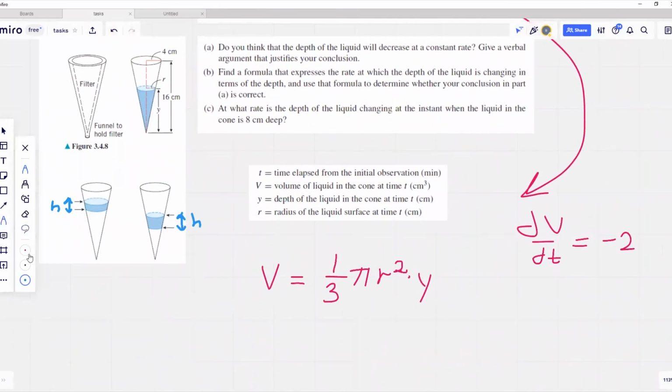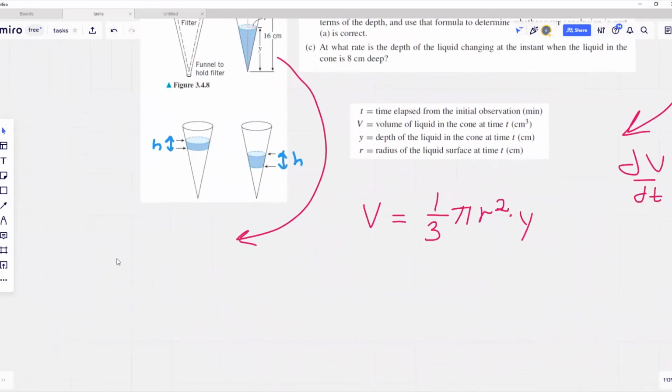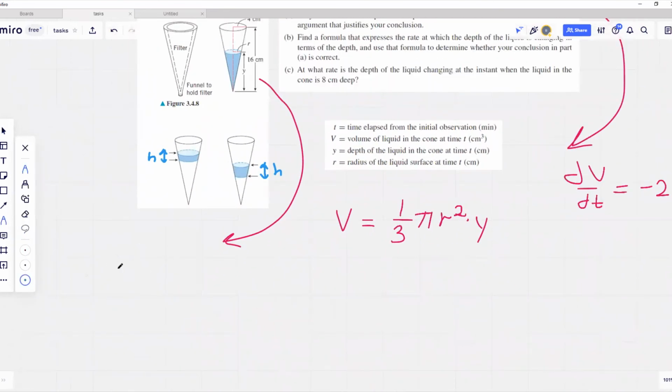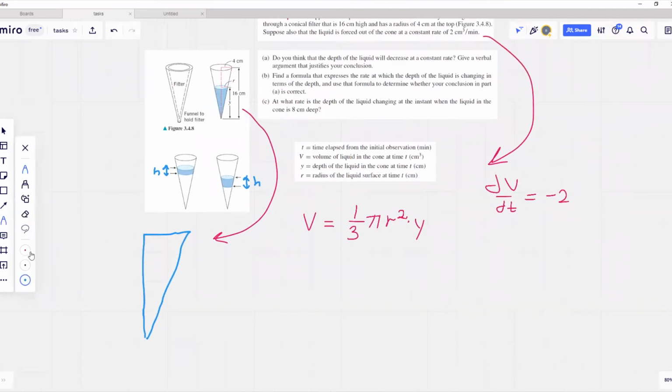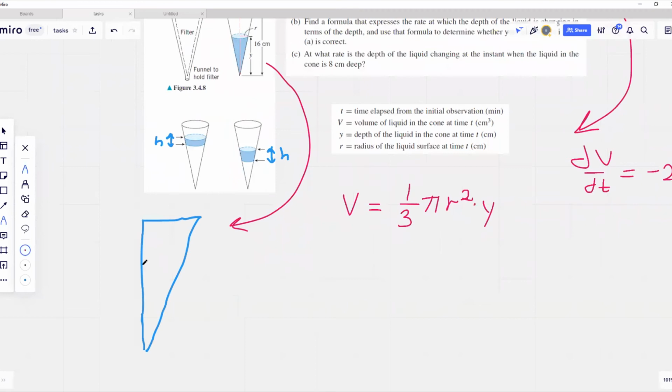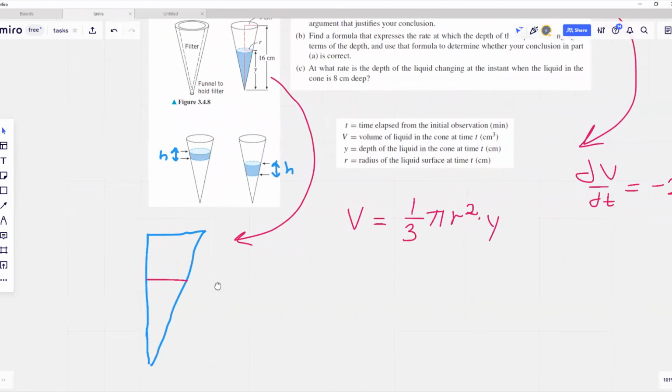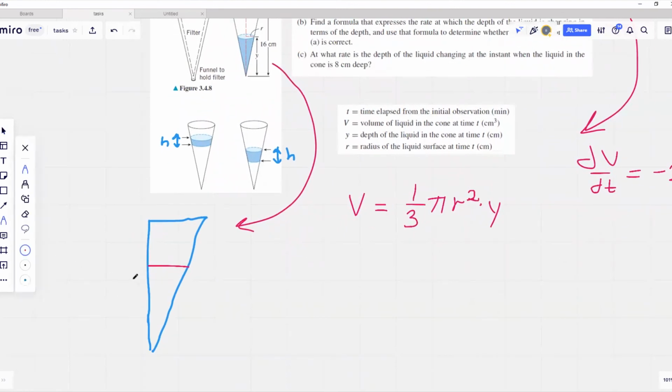So let's take a look at the following figure. Here in blue, I will draw our cone filter. And in red, we'll draw the level of water that is inside of our cone filter. So this is equal to y. This is equal to r.